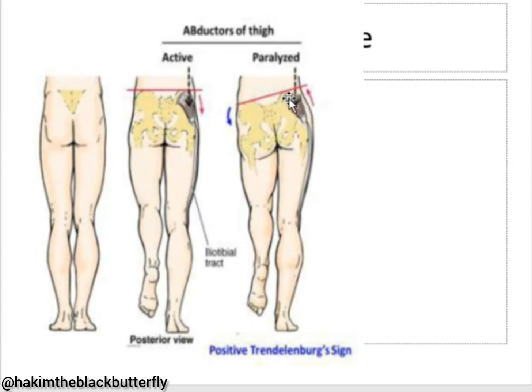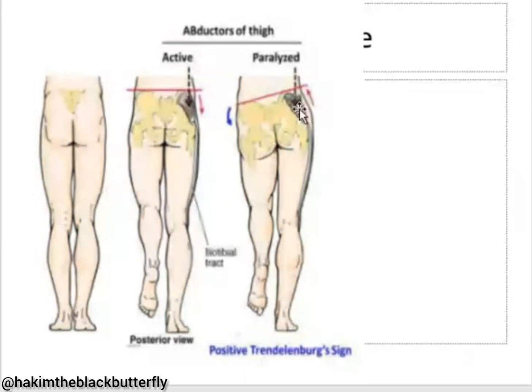But when the superior gluteal nerve is injured, the gluteus medius and the gluteus minimus are paralyzed, such that they can no longer contract. Now, when you stand on this affected side, because of failure of contraction of these muscles, the stability of the hip joint is compromised, such that there is dislocation of the femur, and this hip joint slightly moves superior to the other one.